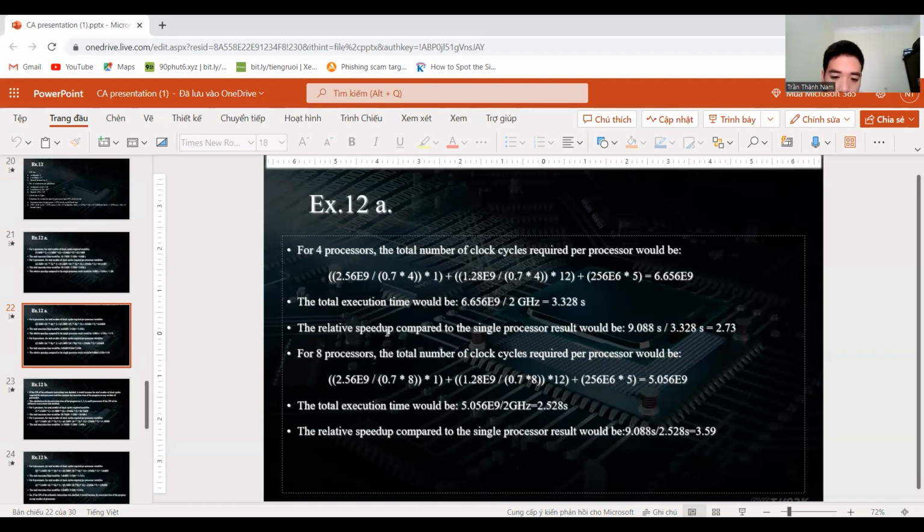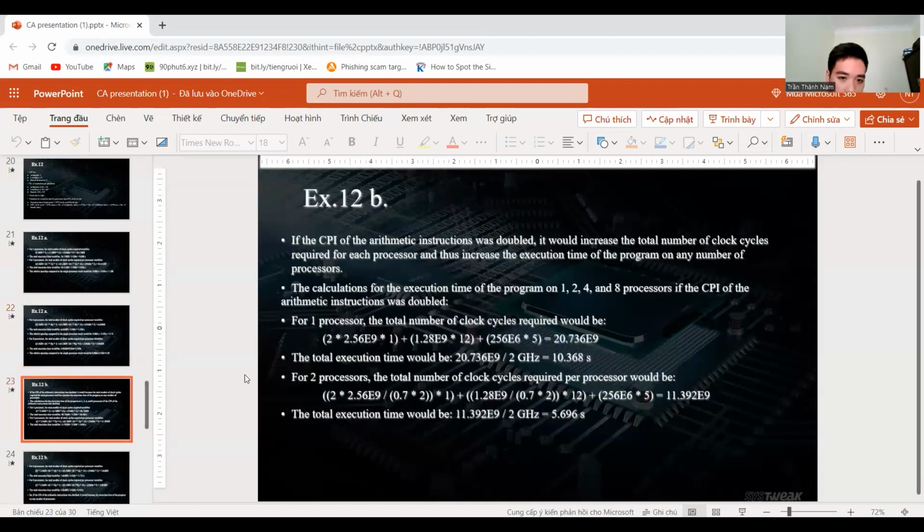The speedup compared to the single processor for 4 processors would be 2.73, and the relative speedup compared to the single processor result for 8 processors would be 3.59. So that's the B part, right?